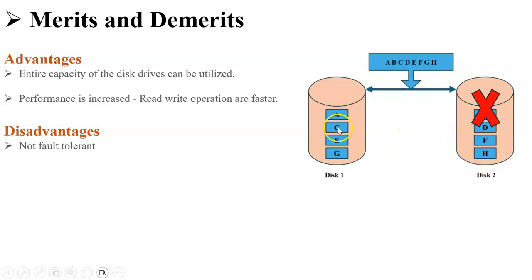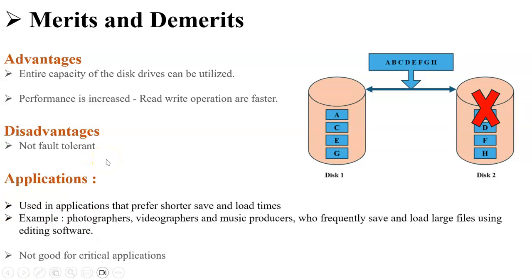As we do not have duplication of the contents, the entire contents of disk 2 are lost and we cannot recover them, because we have not maintained duplication or made the data redundant by duplicating it somewhere on the other disk. In this case, the entire data stored on disk 2 is lost, and that is why we say that RAID level 0 is not fault tolerant, because we cannot recover the data.